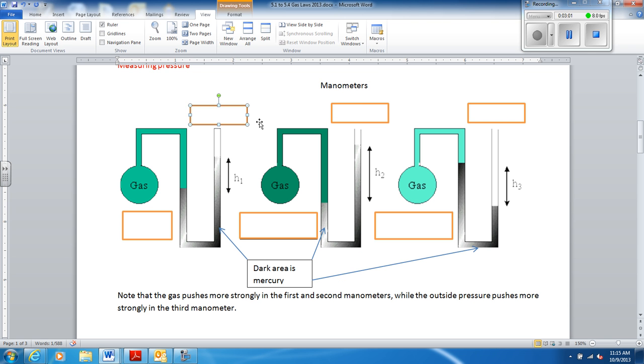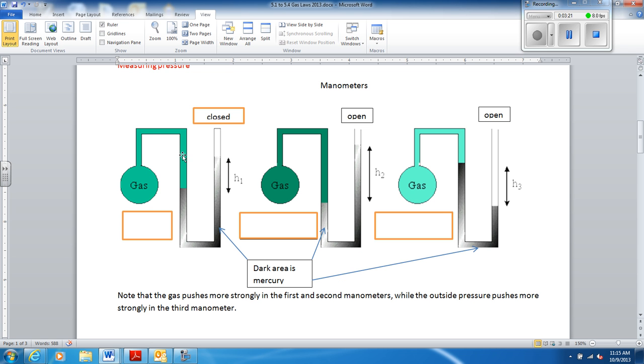And you should make a note here that this manometer is a closed manometer. Notice it's closed right there. And the latter two are open manometers. So see how these are open to the atmosphere. Those are open manometers.